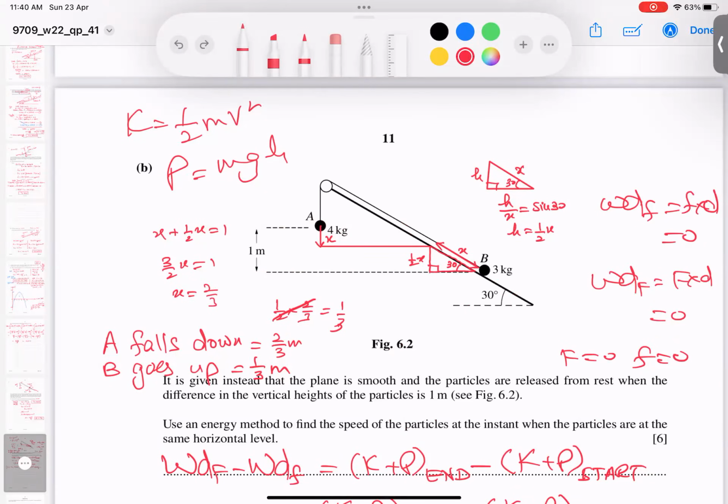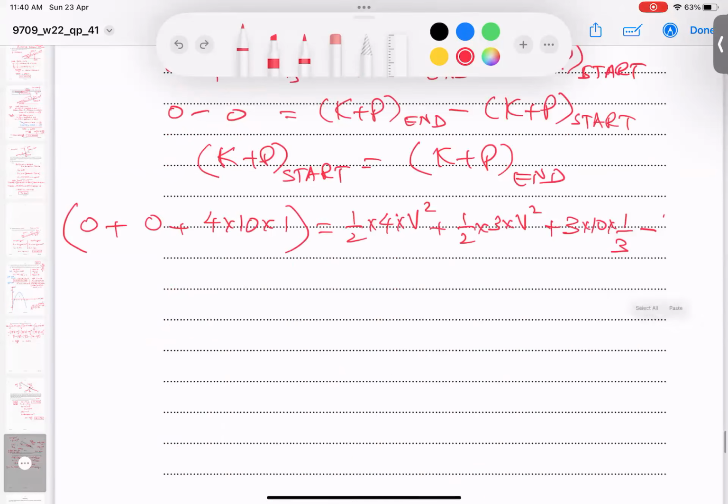How much it remains above the level is 1/3, because it will travel 1/3. So 1/3 remains the same. This 2/3 is of no concern. How much is the potential energy at that level? So 1/3 and mass is 4. So m 4, 10 into 1/3.